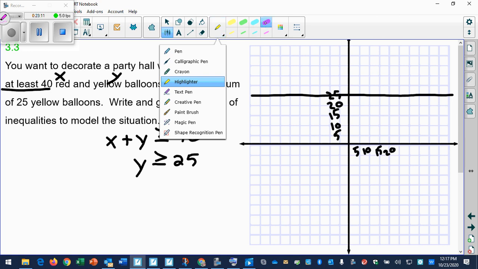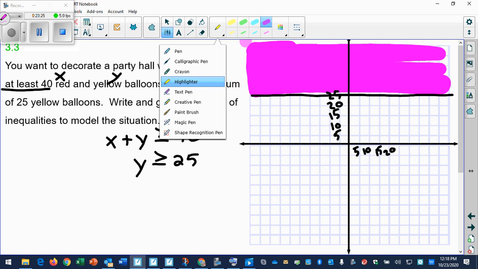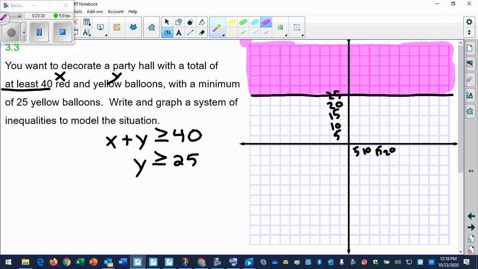Oh, that's brown. Okay. So it's greater than, so we're going to color above this time. I don't really need the negatives, but that's okay. I'll just do another color. That's rosa. Yeah. I know. I'm just saying it reminds me of.